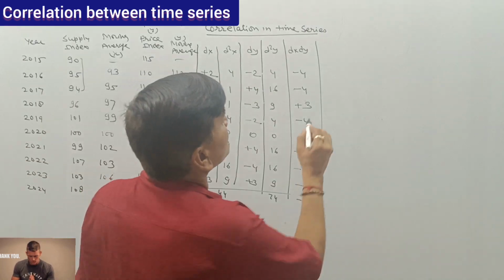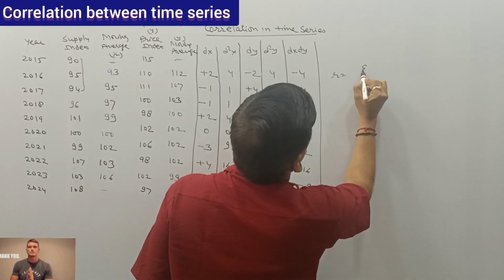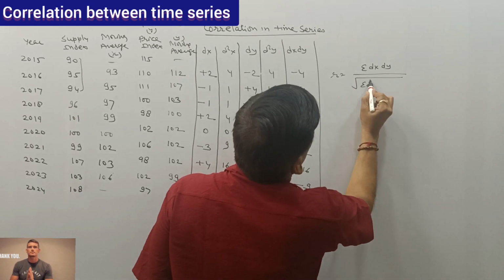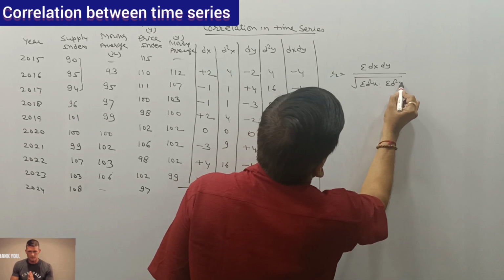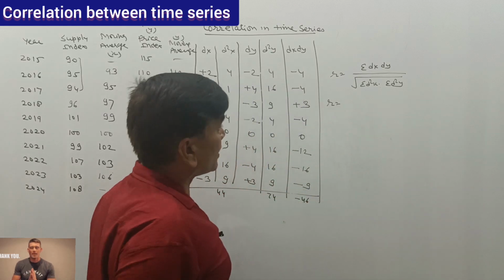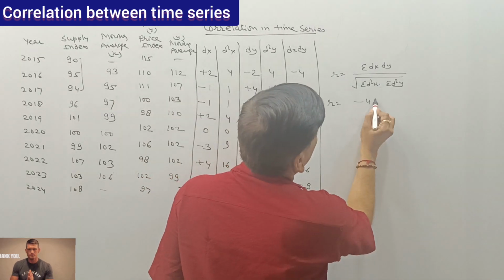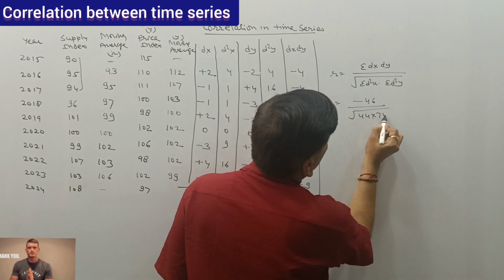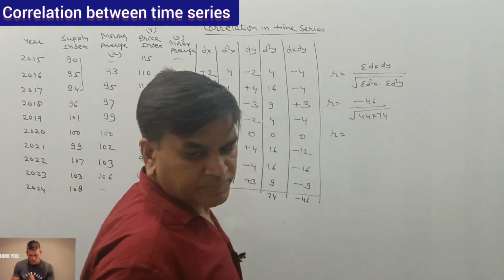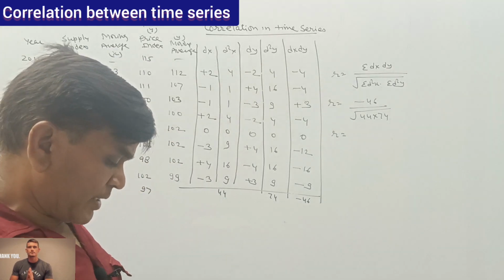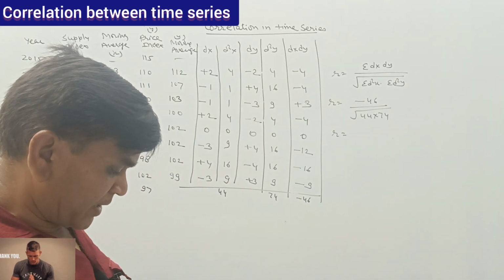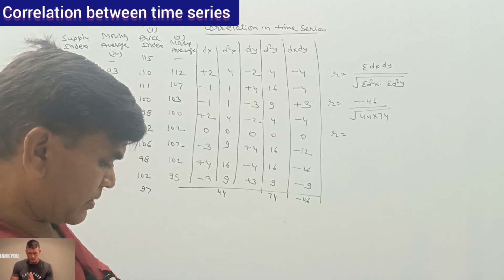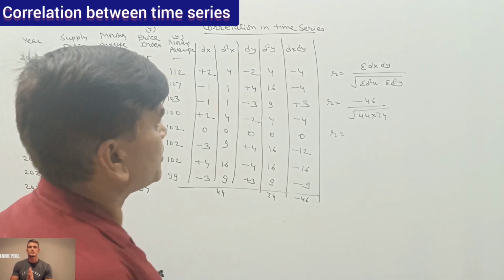For getting the correlation value, r is equal to sigma dx dy divided by under root of sigma d square x times sigma d square y. So the value of r is minus 46 divided by under root of 44 multiplied by 74. Firstly, 44 multiply 74, under root, equals 57.06.